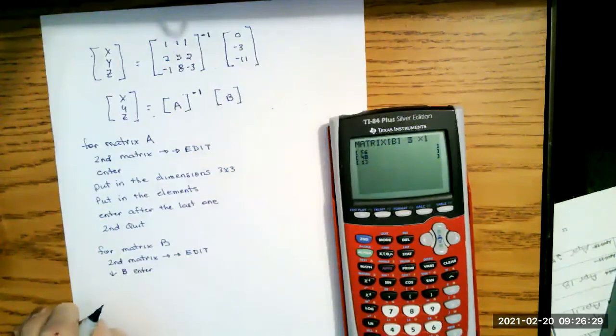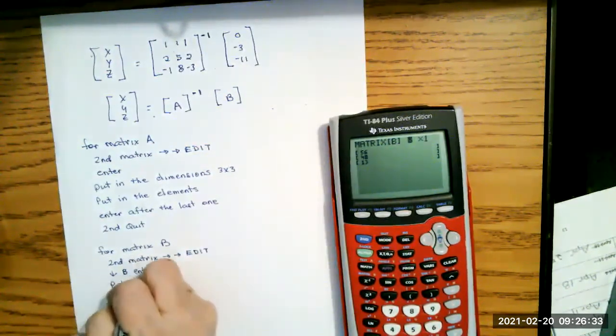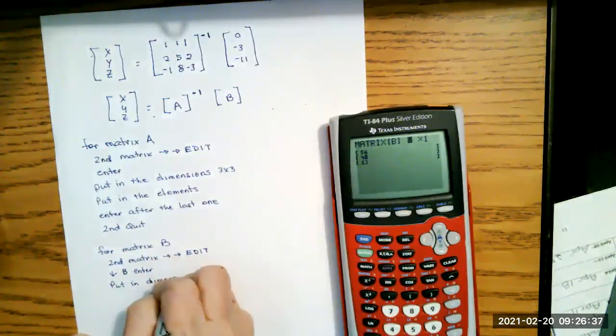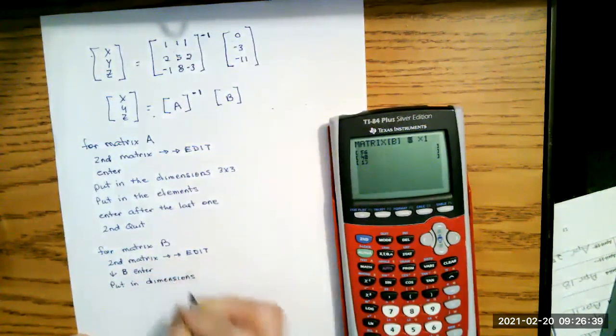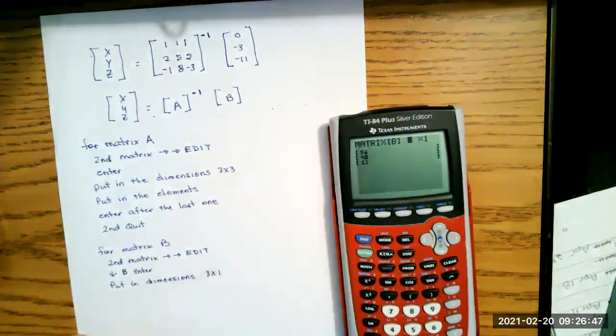Now again, it's going to ask me to put in the dimensions. And on my answer matrix, it's a 3 by 1. And again, I already have mine in there. Once you get them in there, all of these problems will use the same ones until we get to the matrix section at the end of the course.